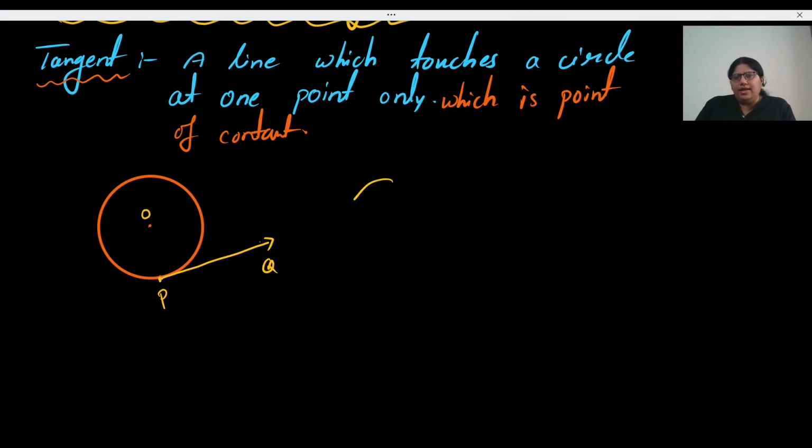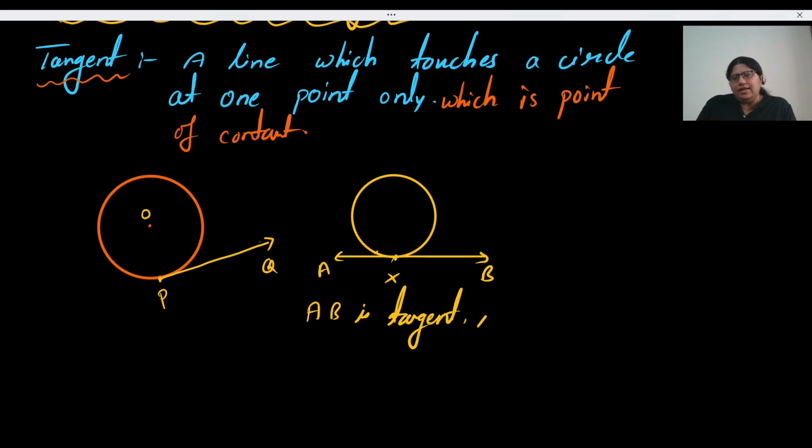Now another one here: if this is a circle, take any point X. Now you can say that here AB is a tangent, which touches the circle at X. So X is known as the point of contact. Here your point of contact is P only.